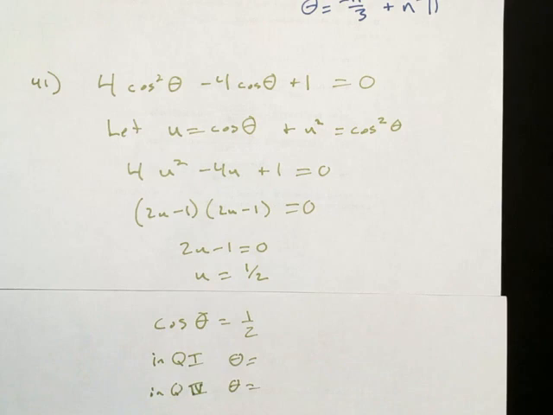If the cosine is 1/2, that's on my reference list. Which angle is that? Pi over 3.